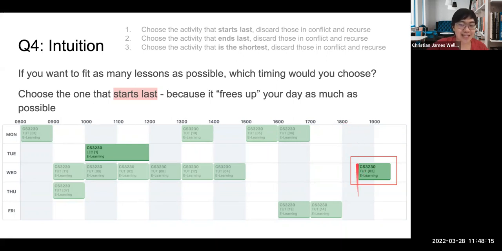Let's say you choose the one that happened to start last; it frees up all the timings before 6 p.m. The answer is actually the one that starts last, and I'll give counterexamples for why the one that ends last and the shortest are not good choices. Choosing the one that starts last frees up all the timings before 6 p.m., so you can potentially choose more lessons. This is the intuition to keep in mind.